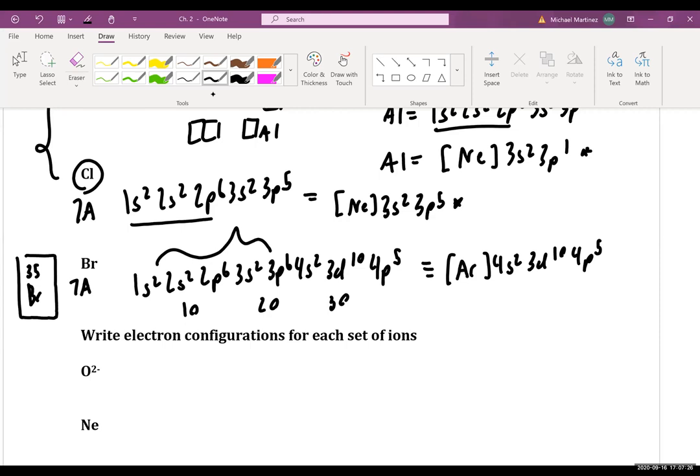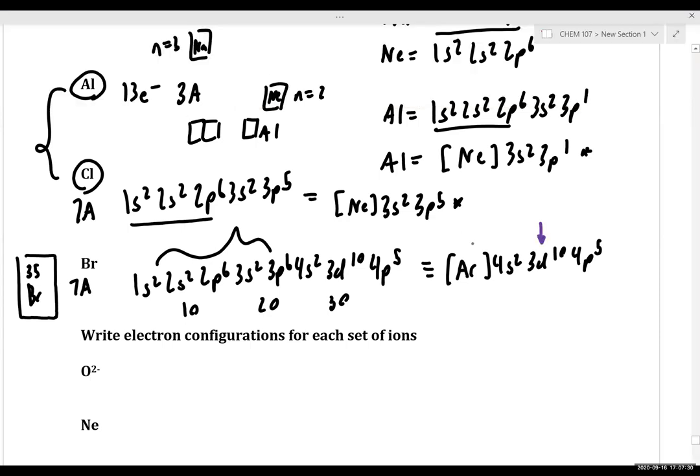Now there are a few things to note here. First, you cannot include these 3d electrons in argon's noble gas configuration, because the 3d orbital is filled after argon. Further, which of these electrons are valence?